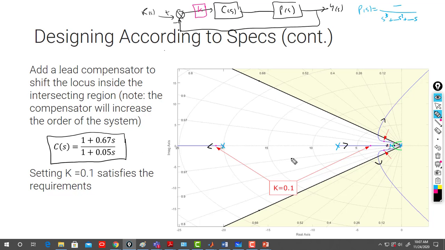So these are the trajectories, the locus of each of your poles. You have 4 poles, so you have 4 branches: 1, 2, 3, 4.